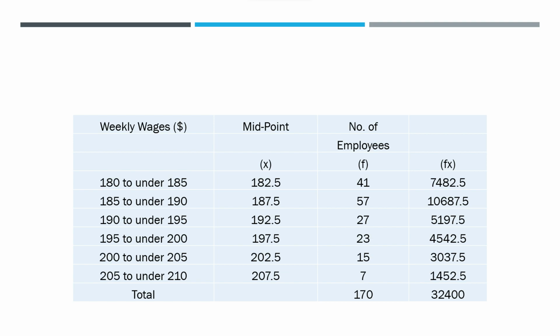When we add up the total frequency, the number of employees, and the sum total of fx, we arrive at a figure for frequency of 170. So the sample size is 170, comprising 170 employees who fall in different wage categories. And the fx sum total is 32,400.